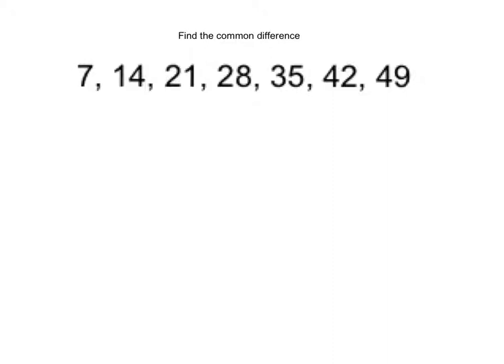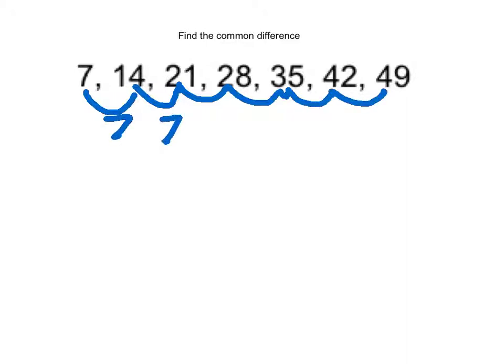This is an example of an arithmetic sequence. The common difference, as you can see, is 7. To show it is the common difference, put d equals 7.